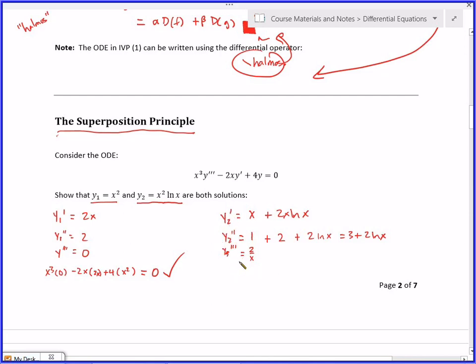All right, plug all that in. So x cubed times 2 over x minus 2x times y prime, which was x, plus 2x log of x, plus 4 times x squared natural log of x.